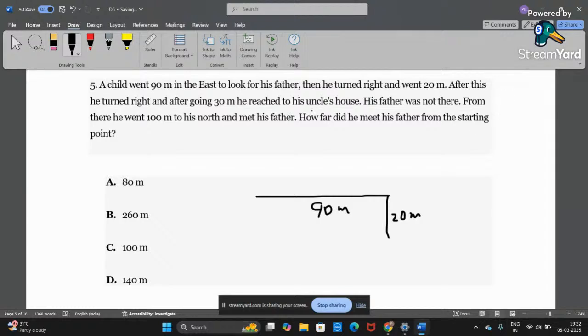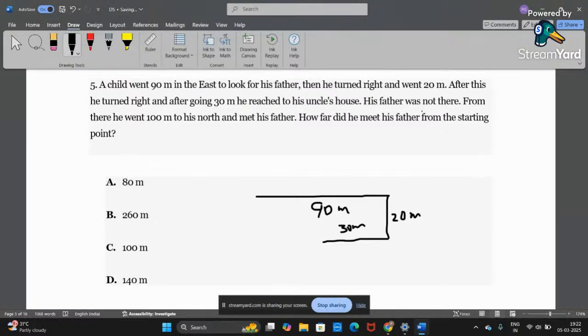After this, he turned right and after going 30 meters ahead, again he turned right and moved 30 meters. Right. He reached his uncle's house.